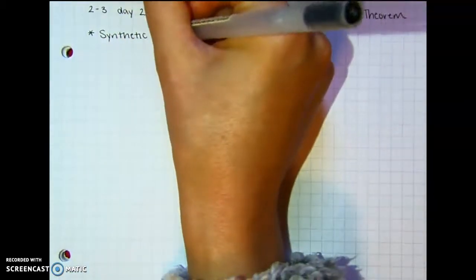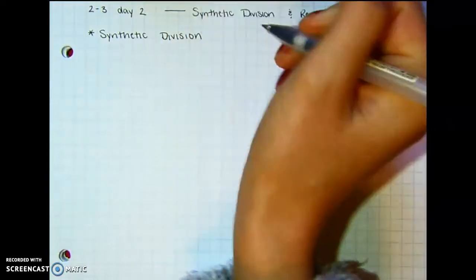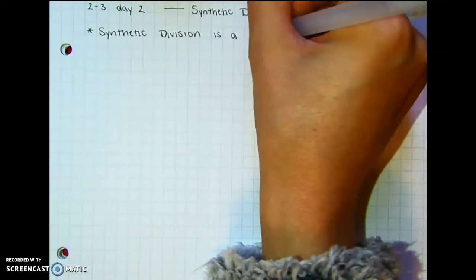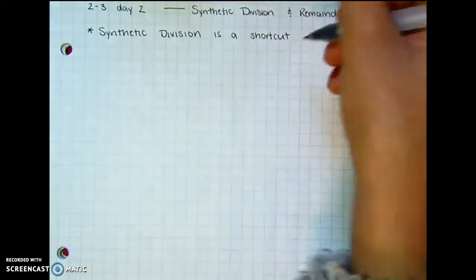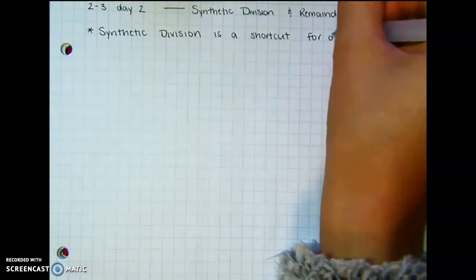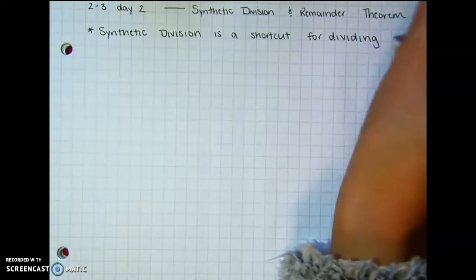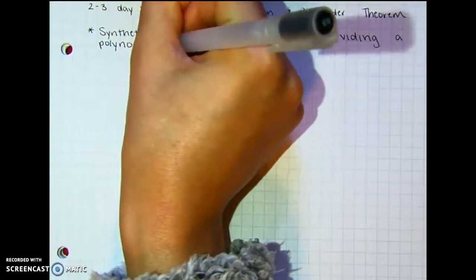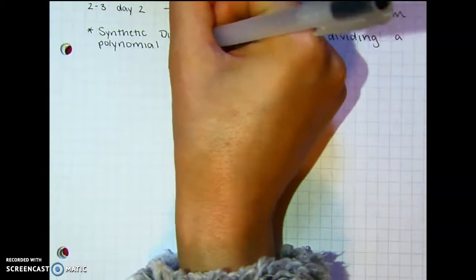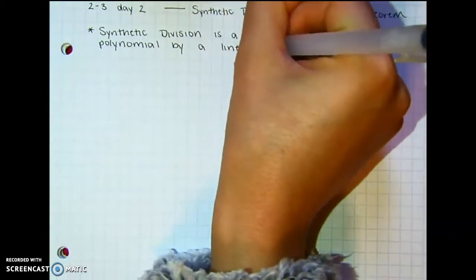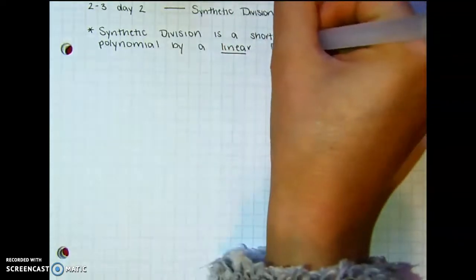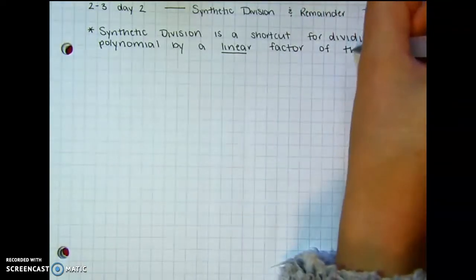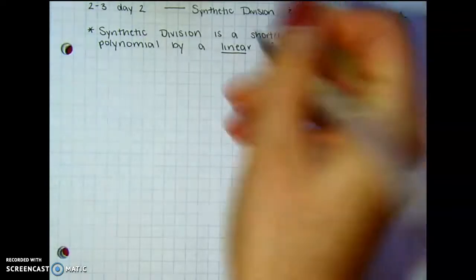So synthetic division is a shortcut for dividing a polynomial by a linear factor of the form x minus c.